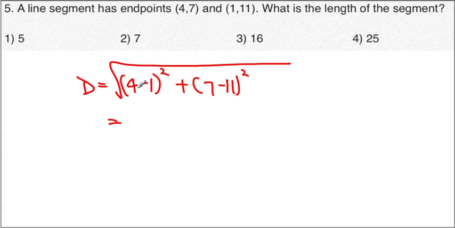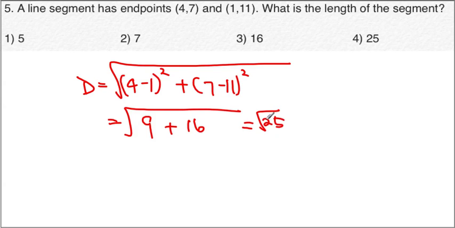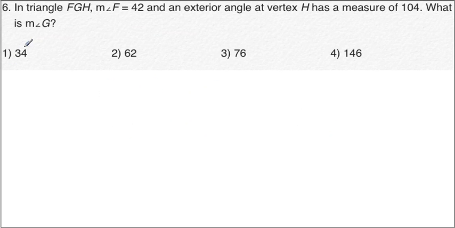Then here we have 3 squared, which will be equal to 9. 7 minus 11 becomes negative 4, squared becomes 16. Hence we get the square root of 25 when you combine them together, which in fact is equal to 5. Notice that if you had to draw the triangle out of this one, it would have been a 3, 4, 5 triangle.